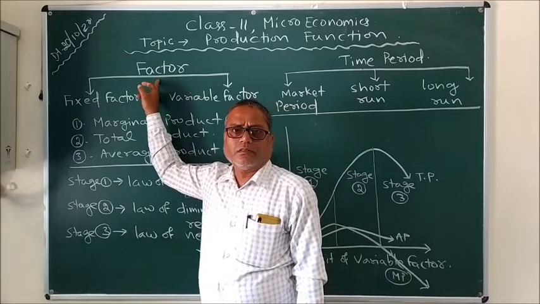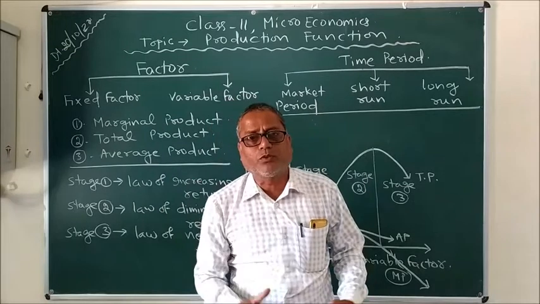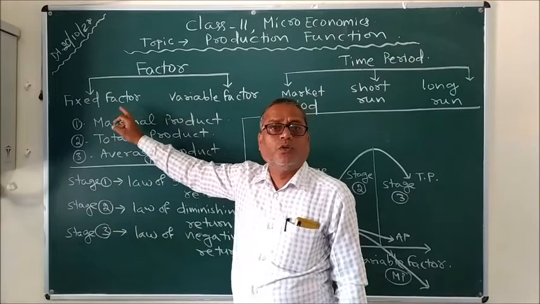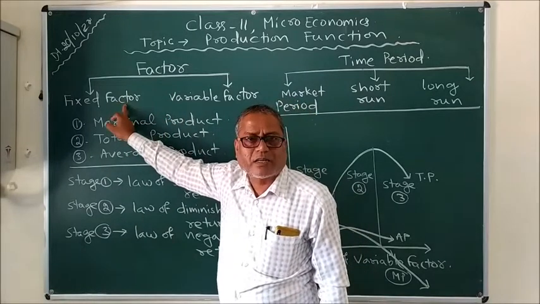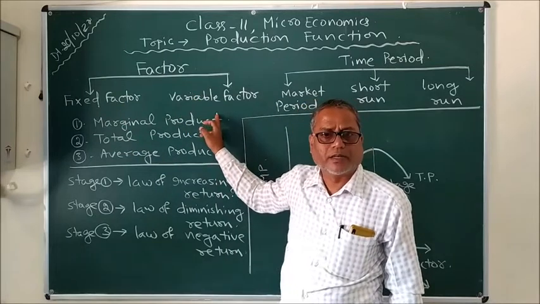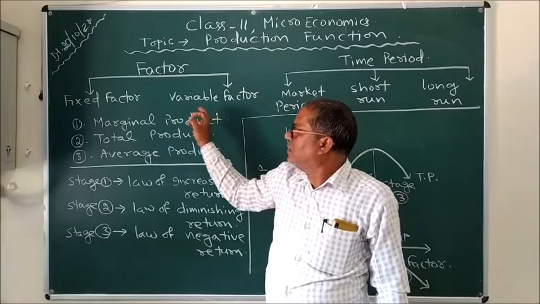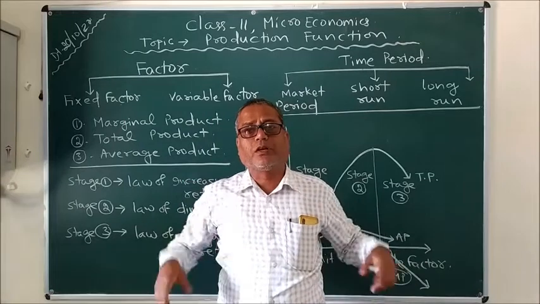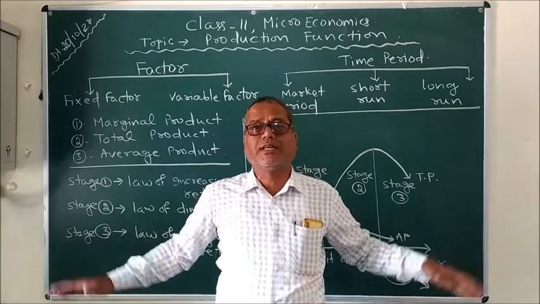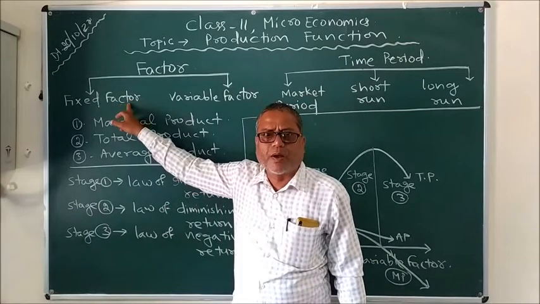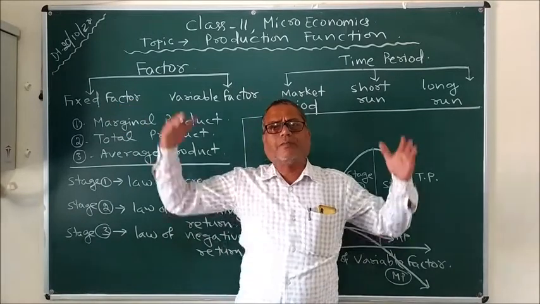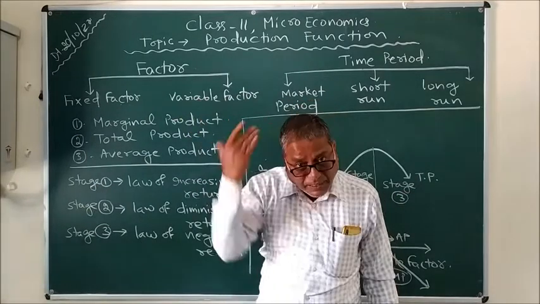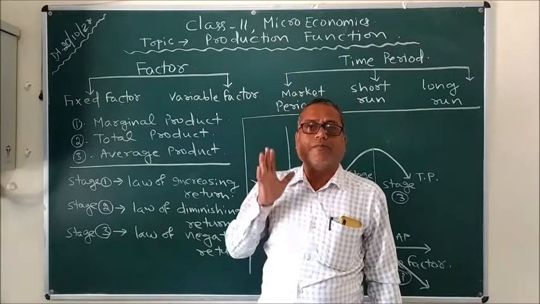Thus all the factors that we need to make a finished product can be divided into 2 groups. One is fixed factor and another is variable factor. And what is fixed factor? During the process of production, if the number of a factor cannot be changed, that factor will be called a fixed factor. And during the production process, if the number of a particular factor can be changed, then it will be called a variable factor.